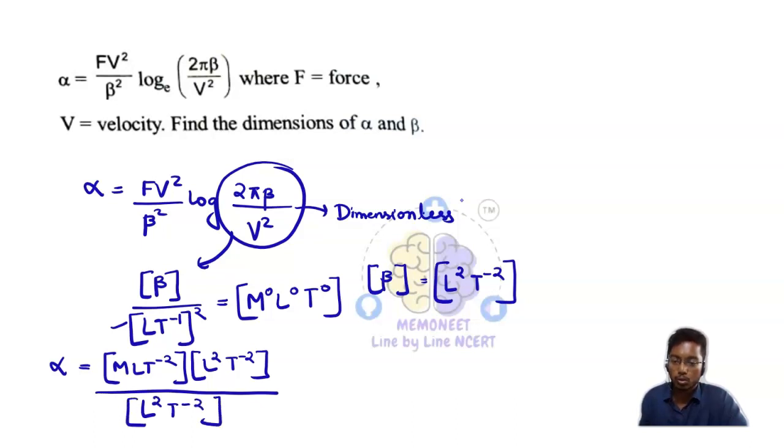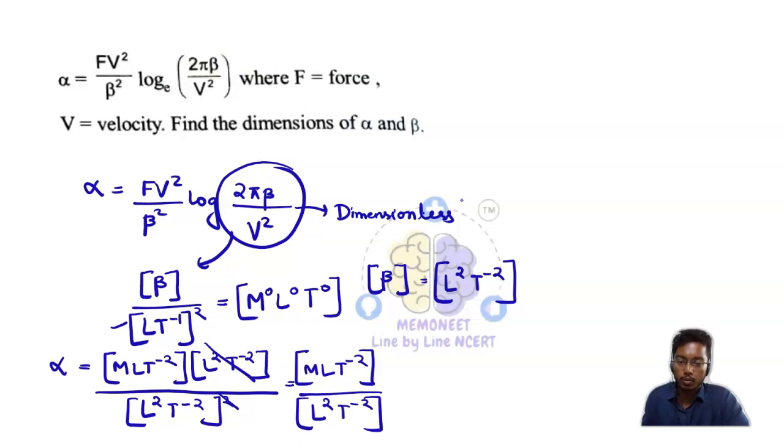So this should be equal to M L T to the power minus 2 upon L square T to the power minus 2. So this will be equal to M L to the power minus 1, if we take the length into the numerator, 1 minus 2 is minus 1, and T square cancels out. So this is the dimension of alpha.